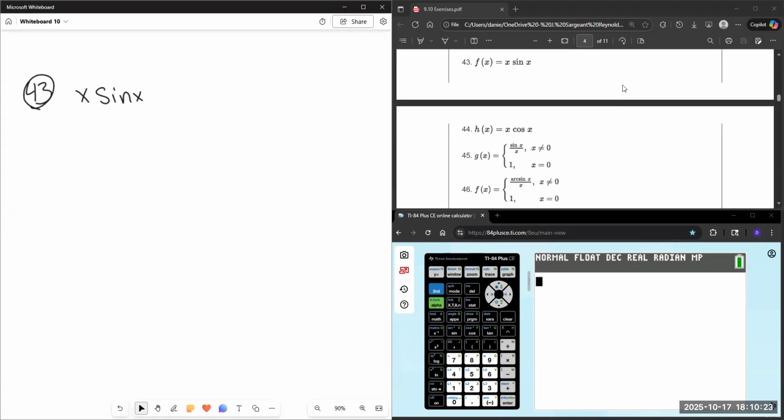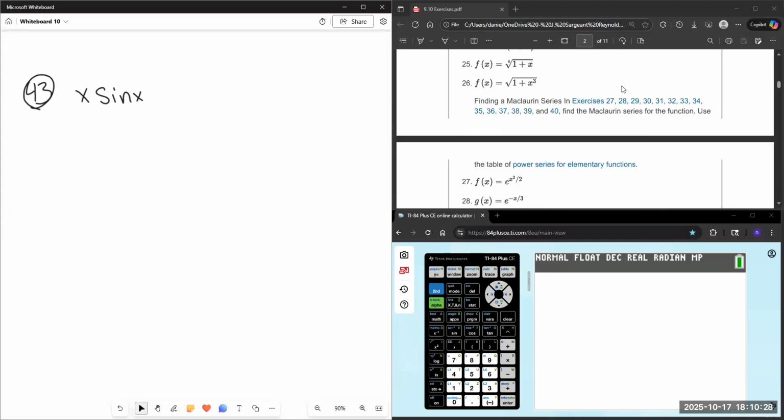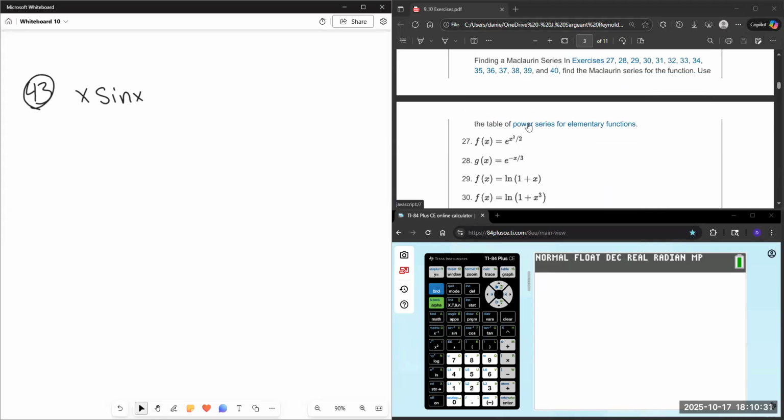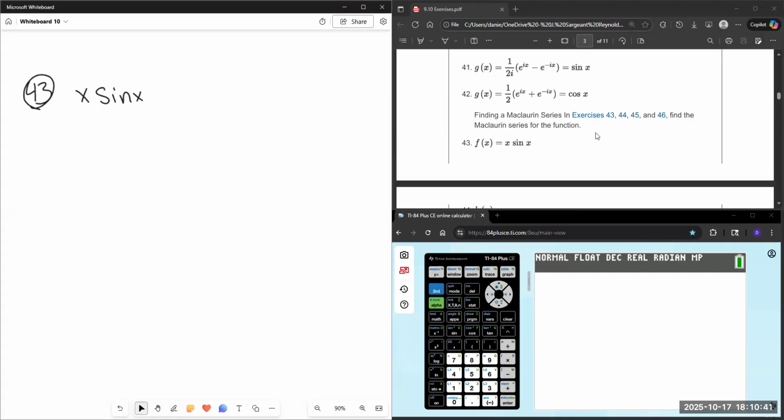I don't think I showed you 29, but 29 told us to use the table of power series for elementary functions, and that's why I did the problem that way. And 43 does not tell us how to find the Maclaurin series, which is a Taylor series centered at 0. But it doesn't tell us that we can't use the table of functions. So let's go ahead and use that, leaving the x alone for right now.